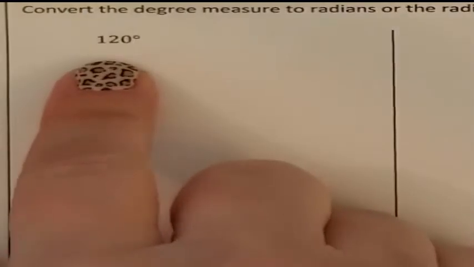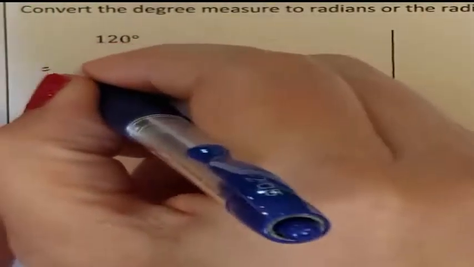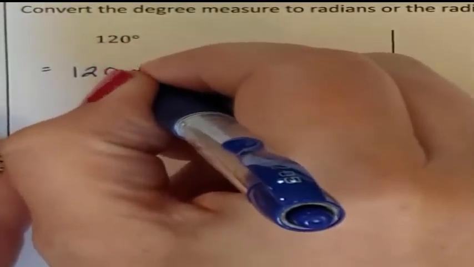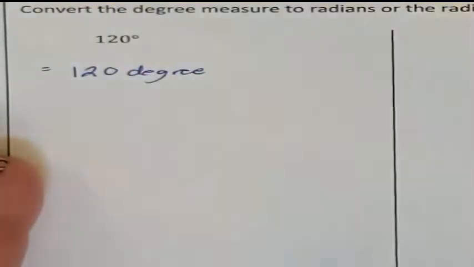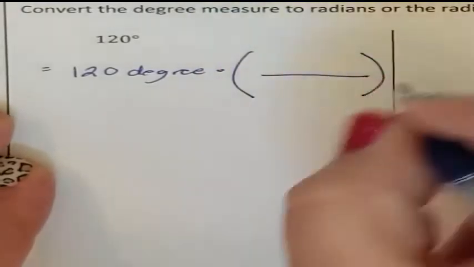So I am given 120 degrees, and I'm being asked to convert it into the other measure, which would be radians. How we do this is I say that I have 120 degrees, and we're going to write the word out in degrees so it's easier to see. And I need to multiply it by a fraction equal to 1.